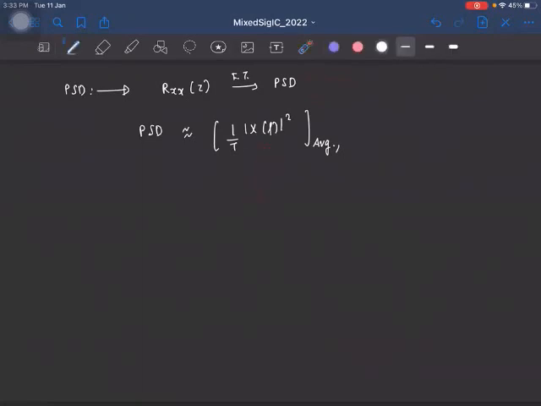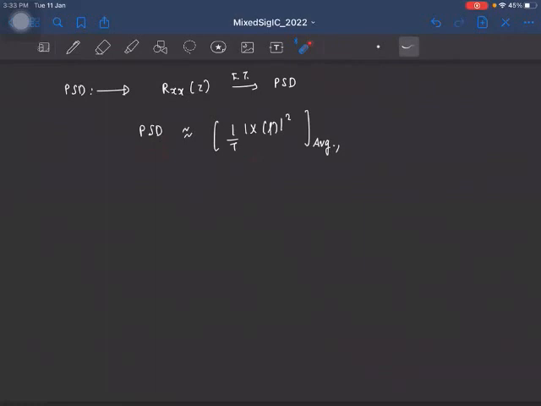But the point to be noted here is that it is true that each time you take the Fourier transform, we'll get a different value. But it turns out that if you take multiple such Fourier transforms and average their magnitude squared, you get a very good estimate of the power spectral density.